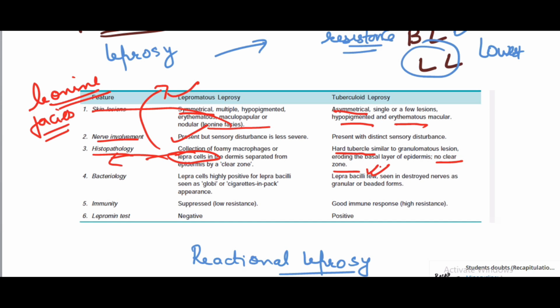Coming to bacteriology, in lepromatous leprosy, the lepra bacilli appear as globi or in a cigarette-pack appearance, whereas in tuberculoid leprosy, the lepra bacilli are few, and they are seen in destroyed nerves as granular or beaded forms.